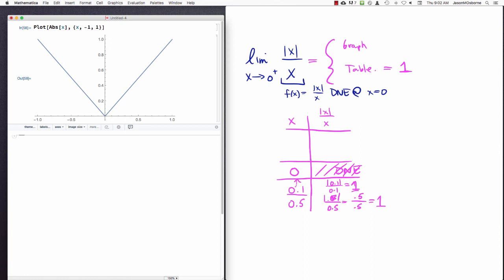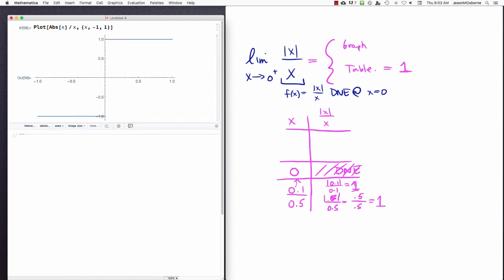If you did a graph of that on your calculator, the absolute value of x divided by x, you can see this on the graph. As x gets closer and closer to 0, the values of y are always equal to 1. There is a horizontal line here.